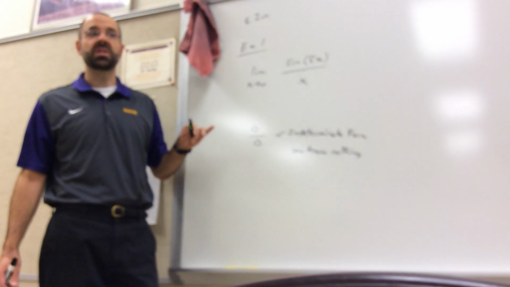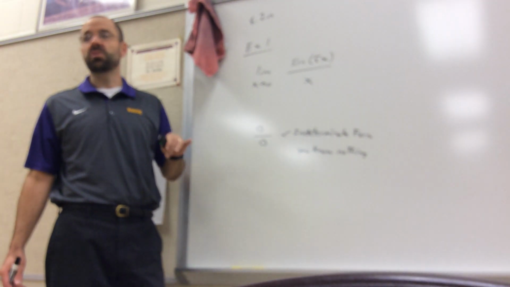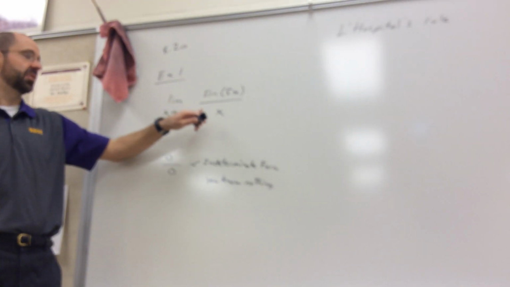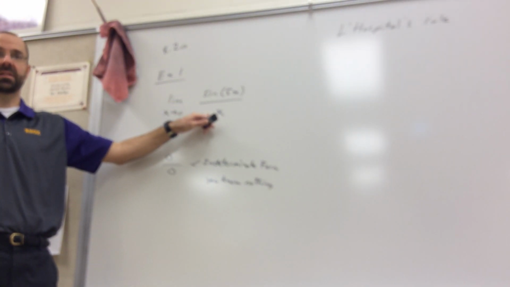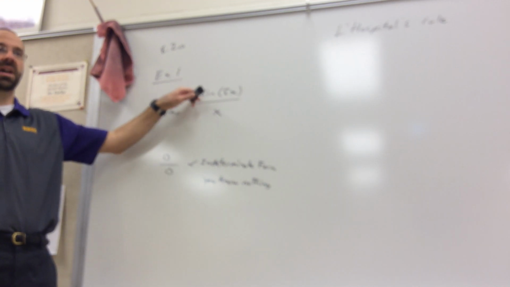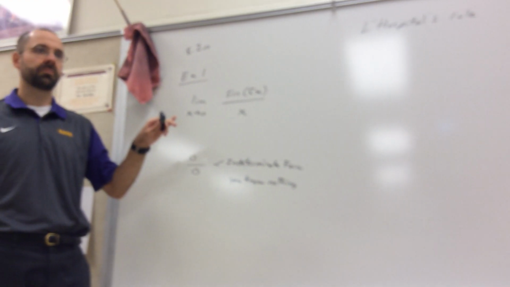Okay, so the way L'Hopital's rule works is you take the derivative of the top and the derivative of the bottom separately. So you don't do quotient rule. You're not taking the derivative of this whole thing. You're just taking the derivative of the top and the derivative of the bottom.